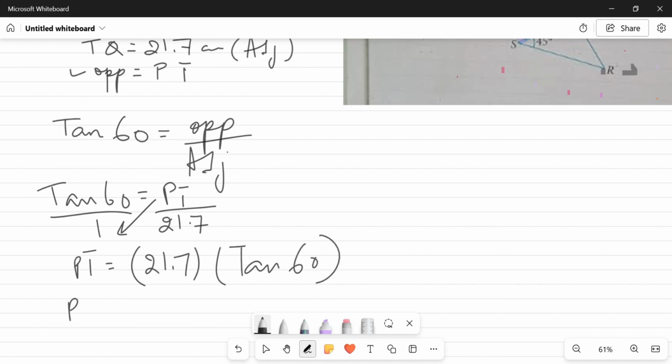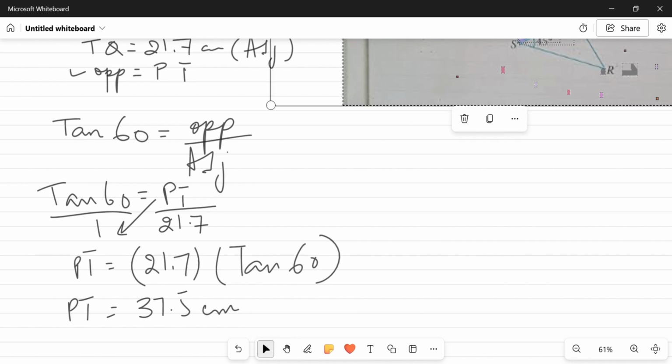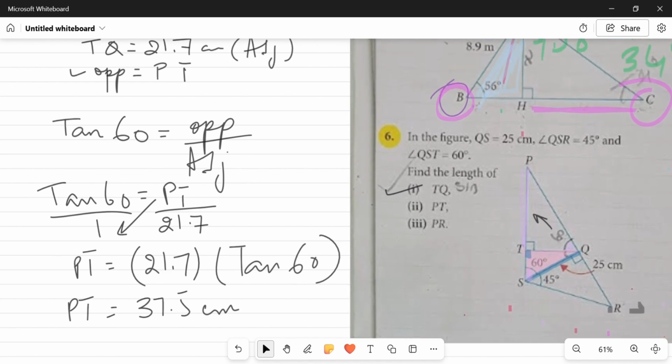Multiply both of them, so we get the answer for PT, which is 37.5 centimeter. Okay, we have found the second part. Now we need to find out the third part.